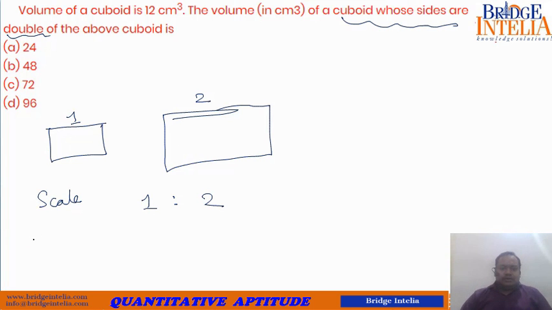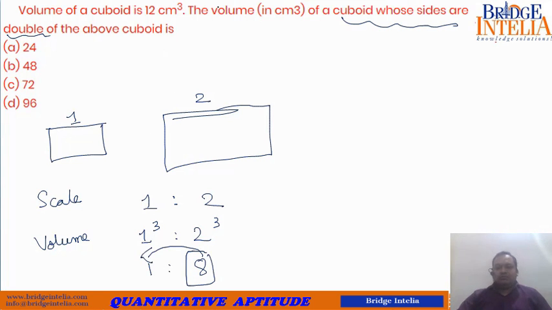Scaling in volume will be 1 cube is to 2 cube, that means 1 is to 8. So what used to be 1 now becomes 8, or you can say the volume will become 8 times the previous volume. So 8 into 12, 96. This is the essence of scaling.